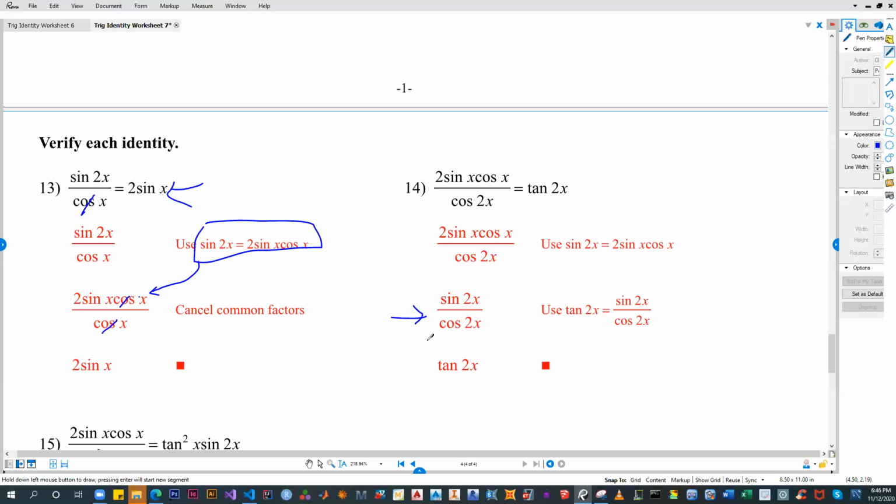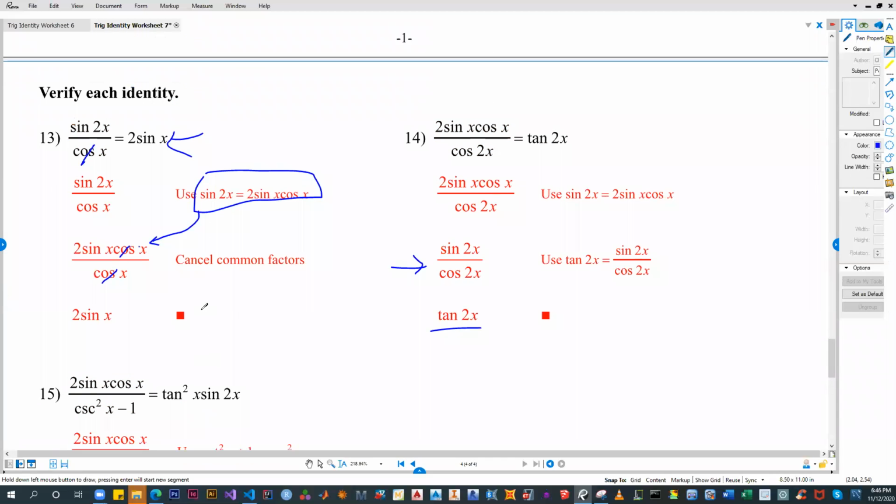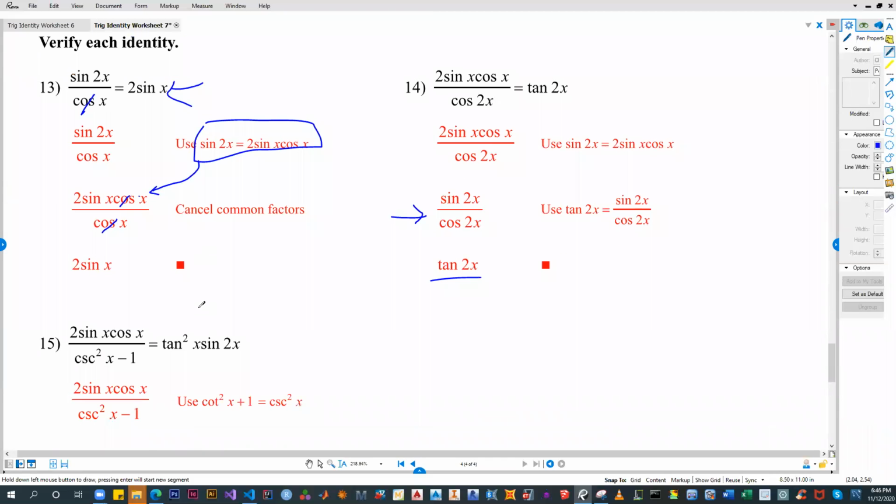And every time you have a sine over cosine, you can always just do the tan. So that's pretty simple. Yeah, you can just do the tan, right? That right there is not in your sheet, but it's a common knowledge thing.